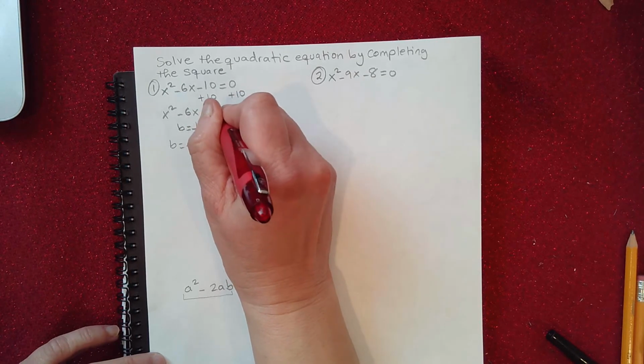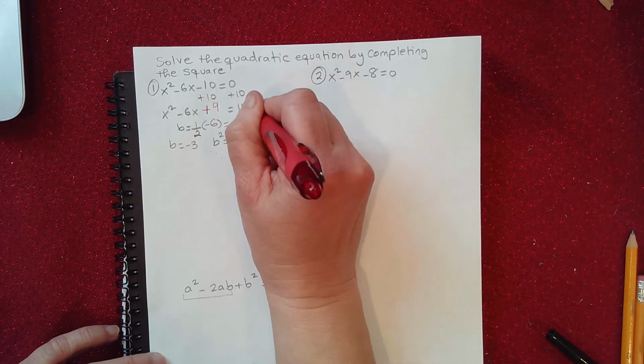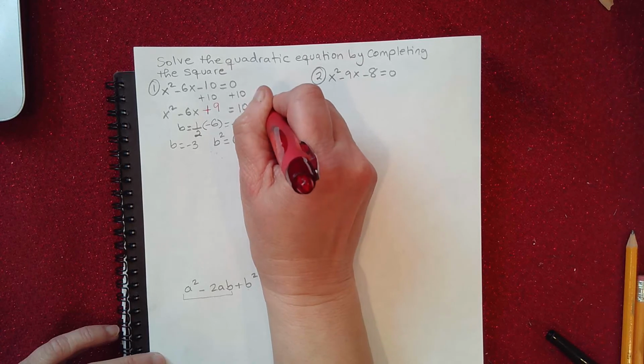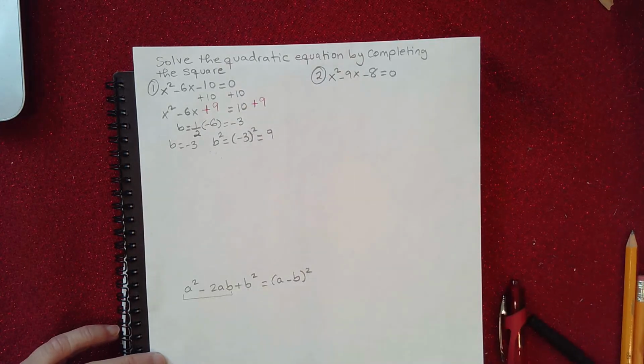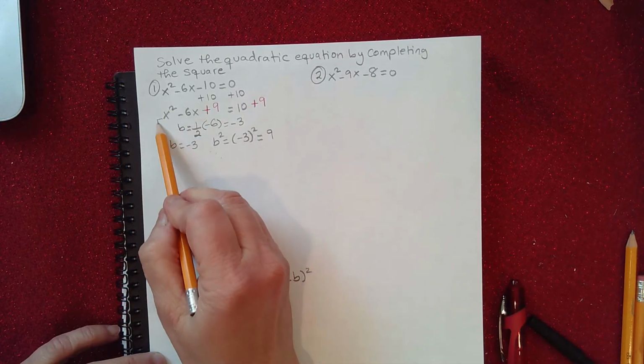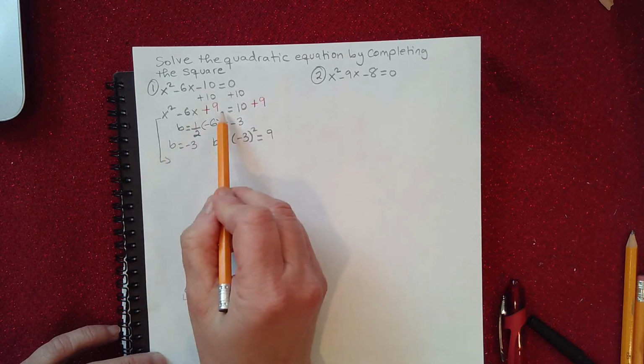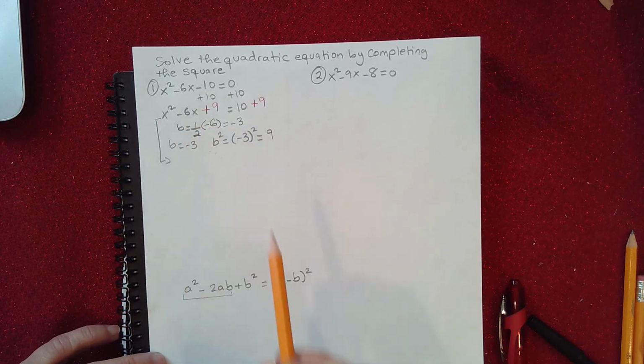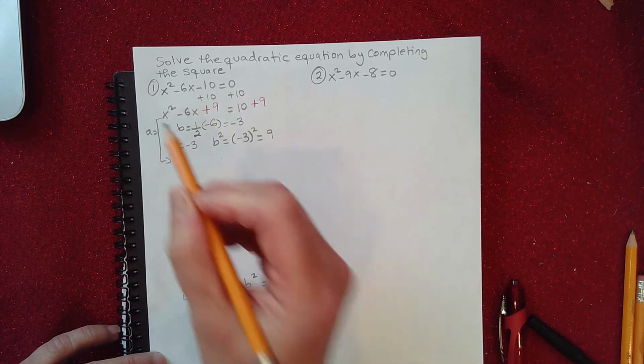Remember, whatever I add on one side, I have to add on the other side. So now I added 9 on both sides of the equation. What I did on the left side is I just completed the square. So I know what a is. a is none other than x.